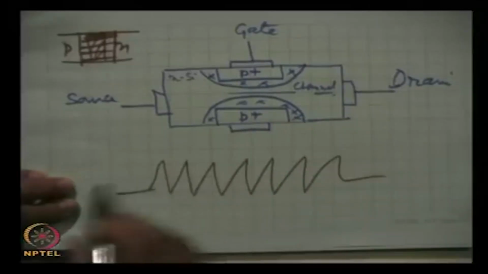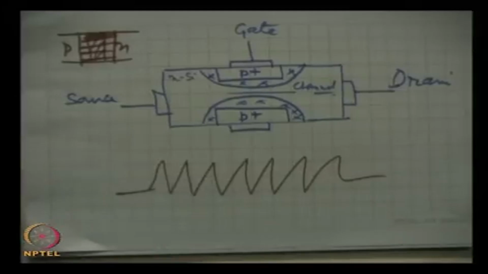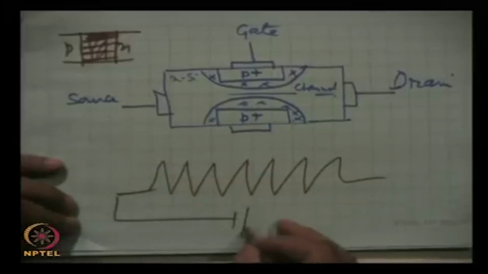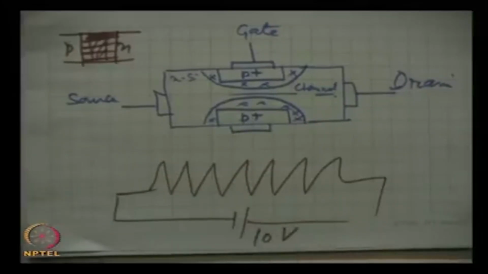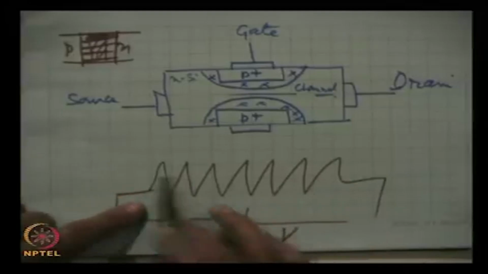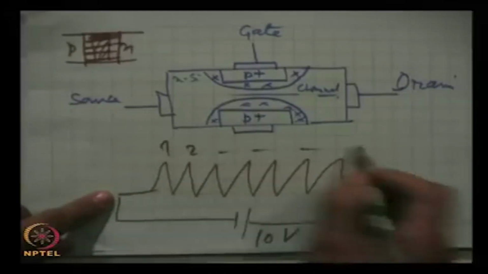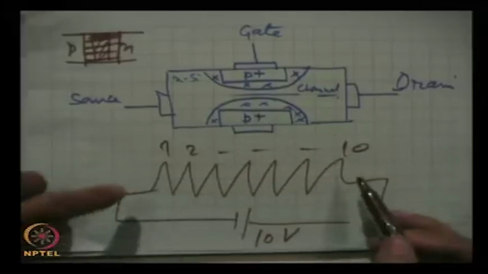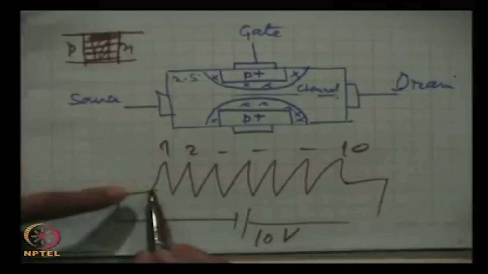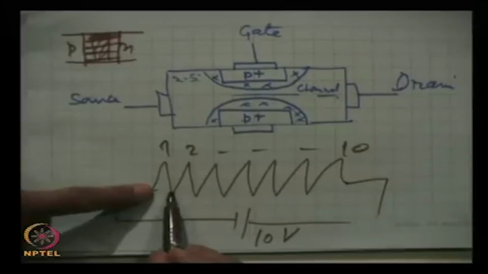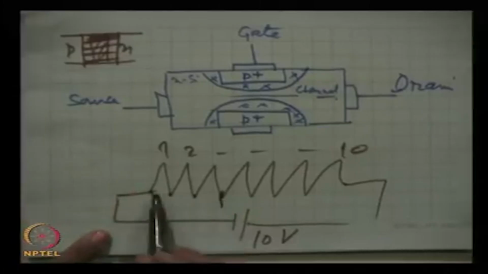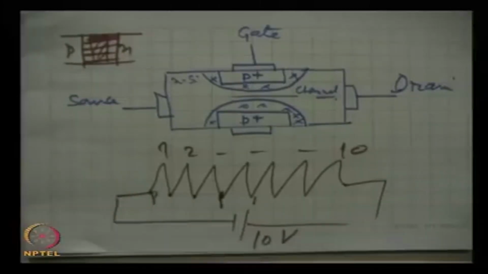for example, suppose there is a resistance wire and these are 10 loops, and we apply here a voltage of 10 volts. I have not drawn all the 10, but roughly these are 10 in number, 1, 2 and 10. If we measure the voltage between these 2 points, it will be 10 volts. If we measure between this point and this point, it will be 1 volt, 2 volts, 3 volts, between this and this 4 volts, and so on, it will go on increasing.